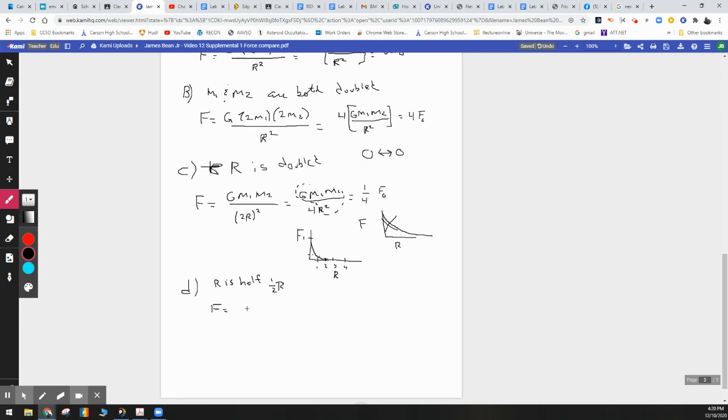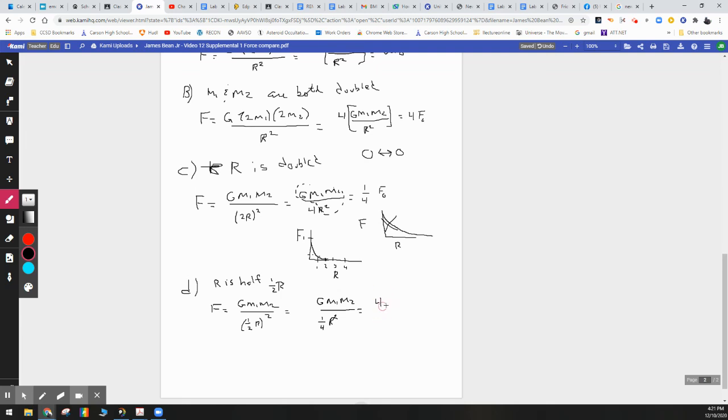Here's my F, and here's big G, here's my m1, there's my m2, all this divided by 1/2 r, and we're going to square it. Okay, so let's see what we get. This is going to be big G, m1, m2, divided by 1/4 r squared. Now it looks kind of funky being in the denominator, so we'll do some algebra here.